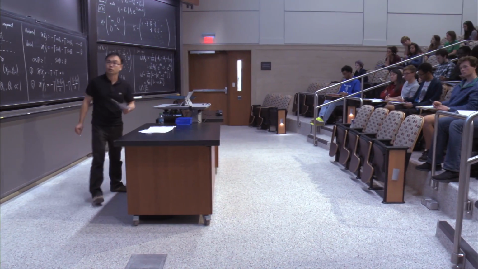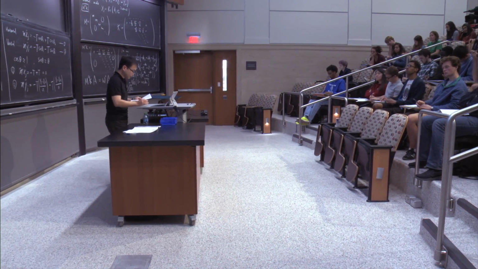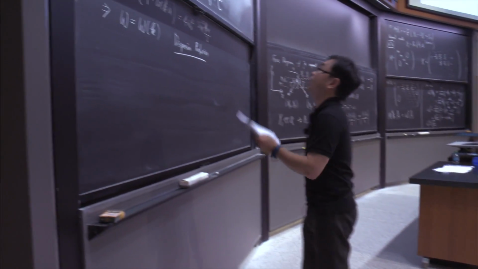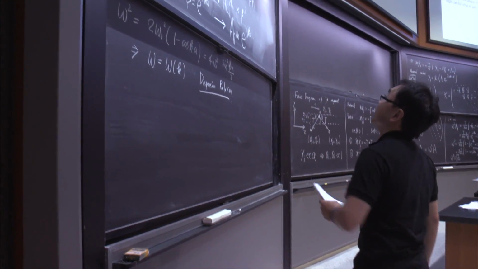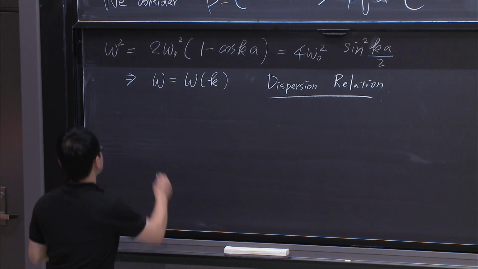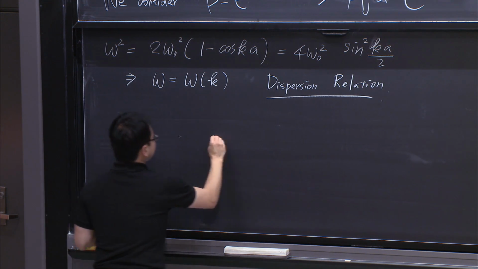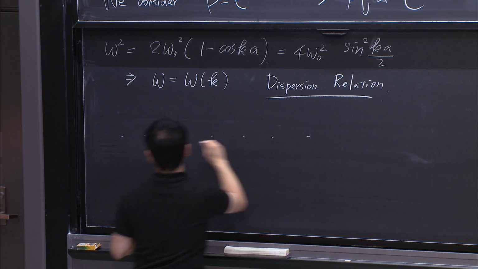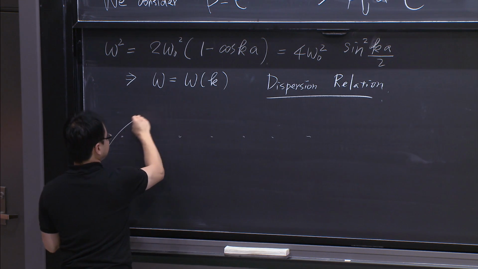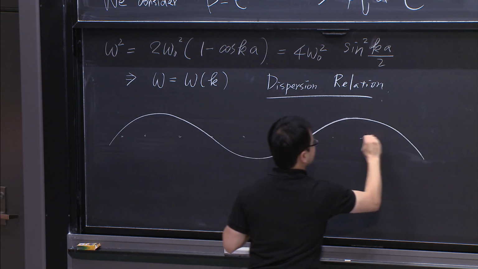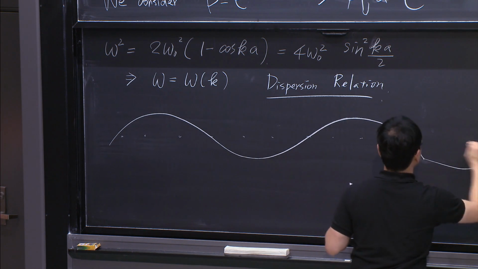So the conclusion is that if this system satisfies translation symmetry, then the normal modes will look like some kind of sinusoidal function, as we discussed last time.